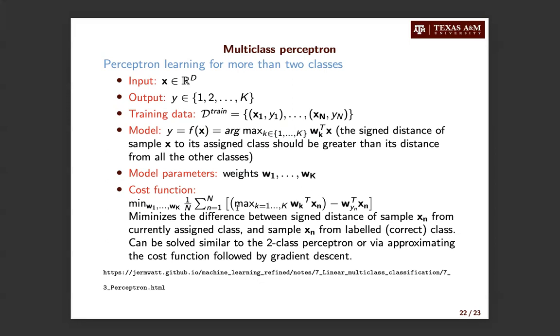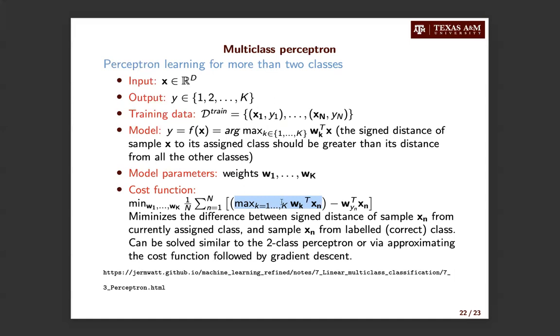So in this equation here, this maximum of wk transpose xn represents the assigned class, the distance to the boundary of the assigned class of sample xn, meaning if our current decision boundaries are represented by vectors wk, we are going to find which of the classes has the largest signed distance, and this is the class to which sample xn is assigned.